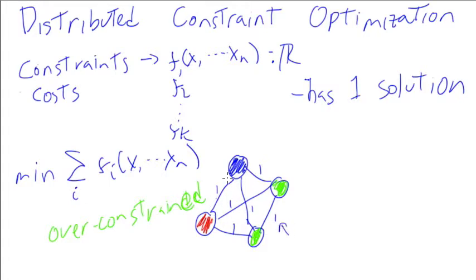You could see there are a lot of permutations that have that value, but there's only one minimal value. So that's nice, as opposed to constraint satisfaction, where you can have multiple solutions, or there could be no solution. So optimization has one solution in terms of cost.